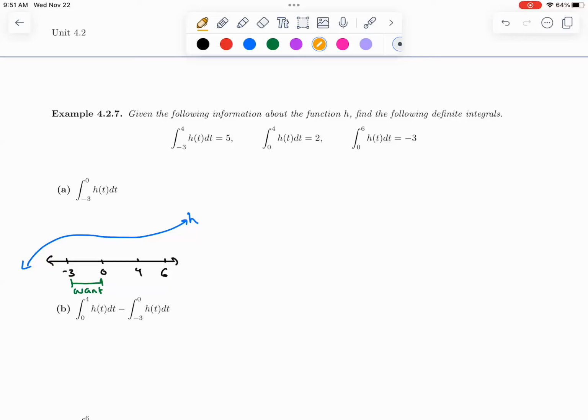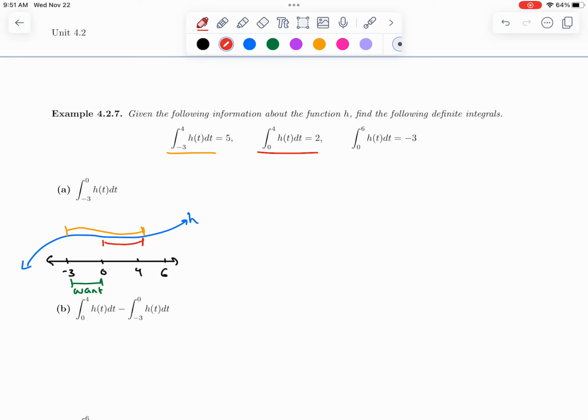So we know the integral from -3 to 4. We know that one. We also know the integral from 0 to 4 is this one. And right off the bat, I think I've got the answer. I could also write the 0 to 6, but it might actually end up muddying it. But it's not a problem to write it down.